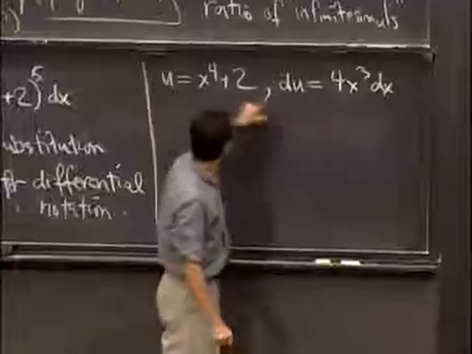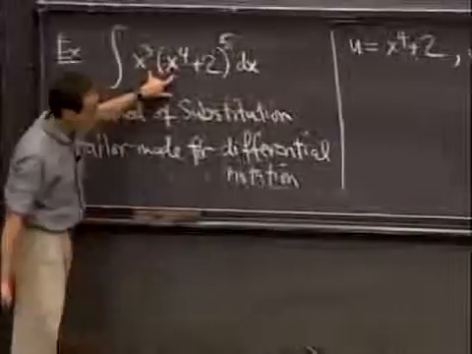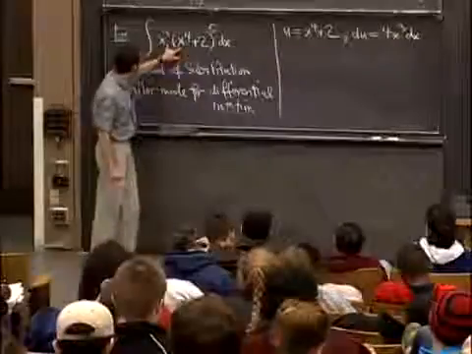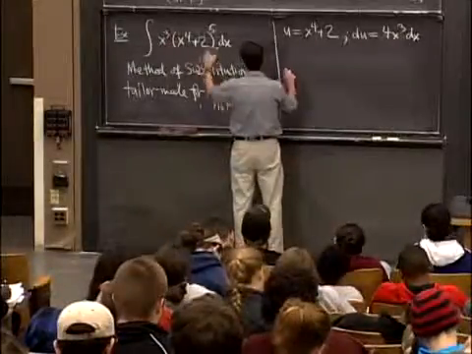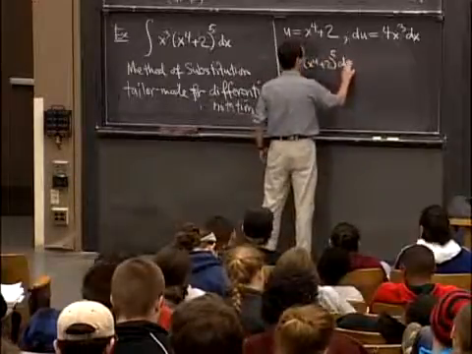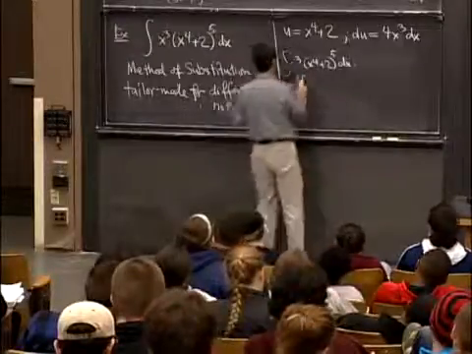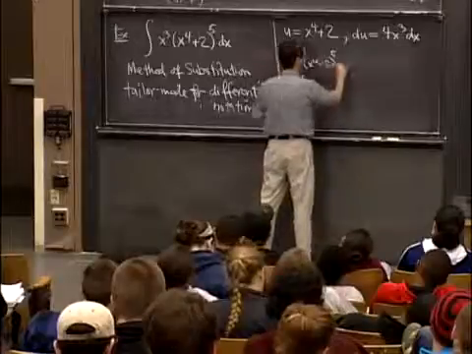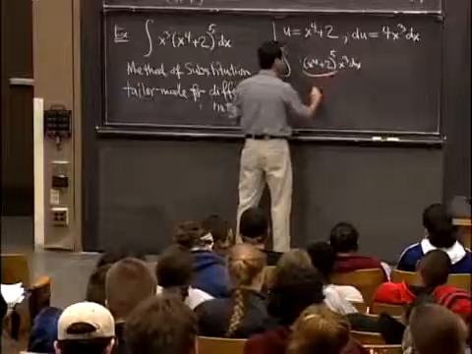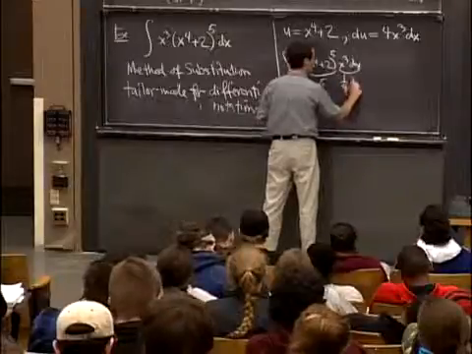Now, lo and behold, with these two quantities, I can plug in to this integral, and I will simplify it considerably. So how does that happen? Well, this integral is the same thing as, really, I should combine it the other way. So let me move this over. There are two pieces here, and this one is u to the fifth, and this one is a quarter du.